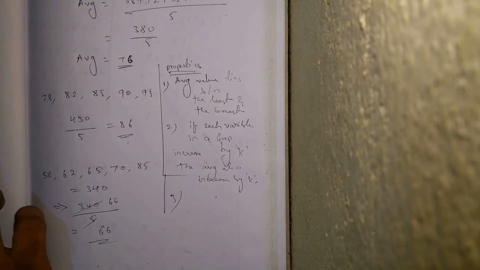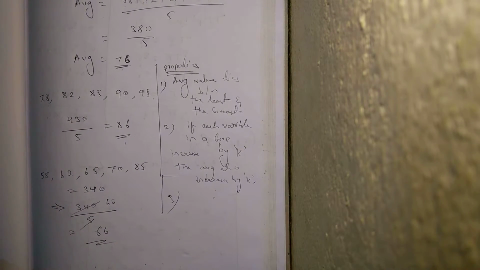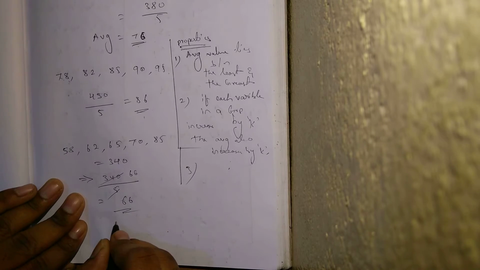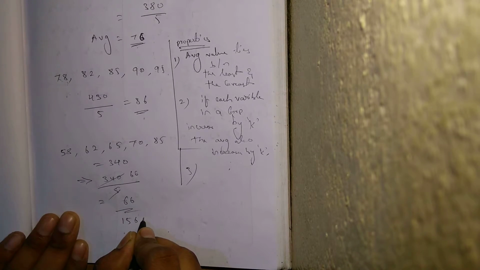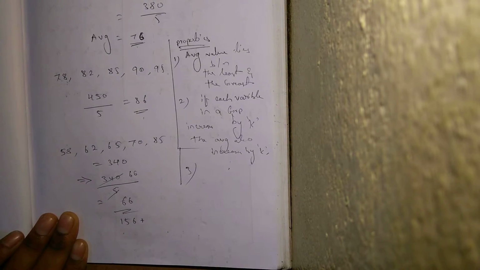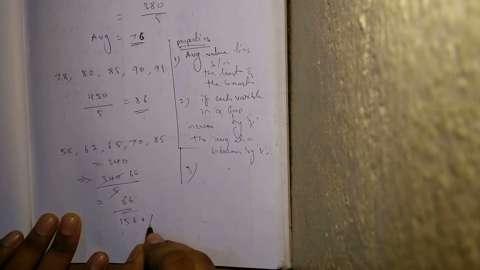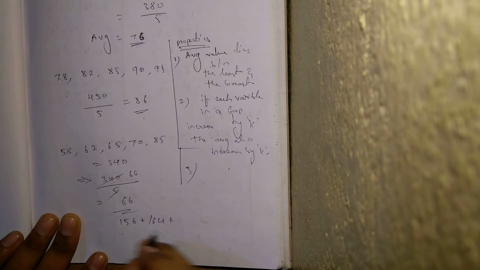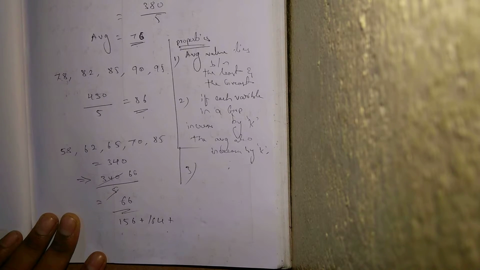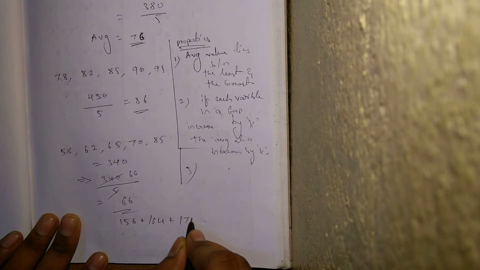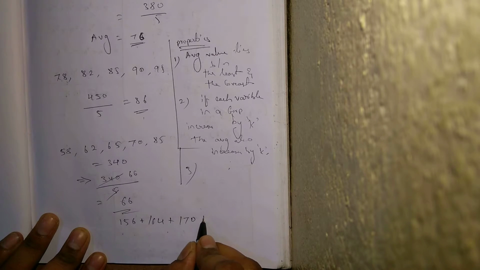Okay, so 78 into 2 is 156. So 156 plus, and 82 into 2 is 164, right? 164 plus 85 into 2 is 170. 170 plus 90 into 2 is 180.